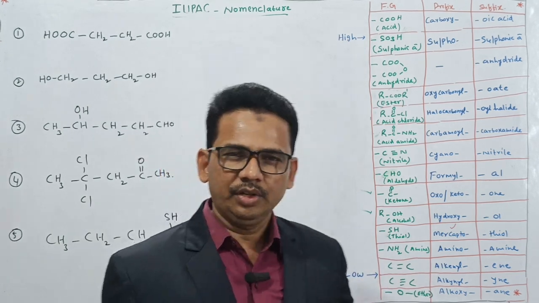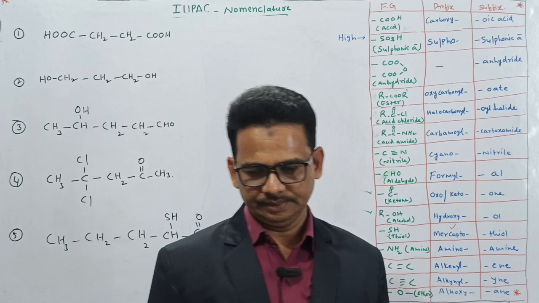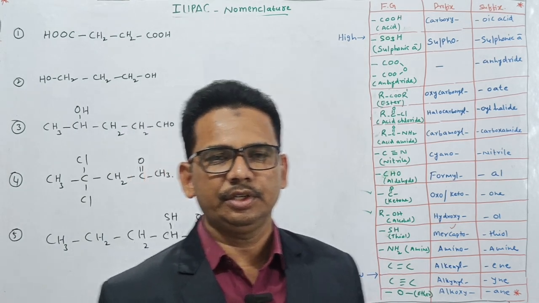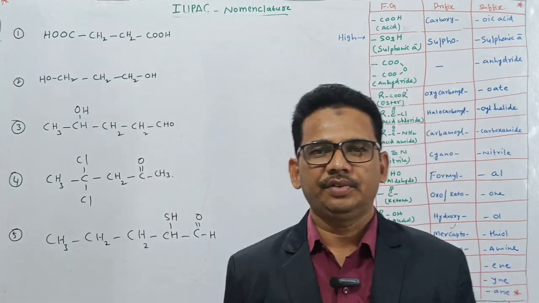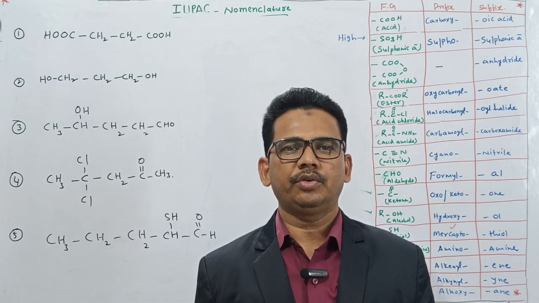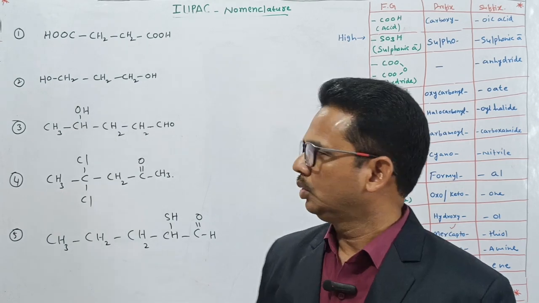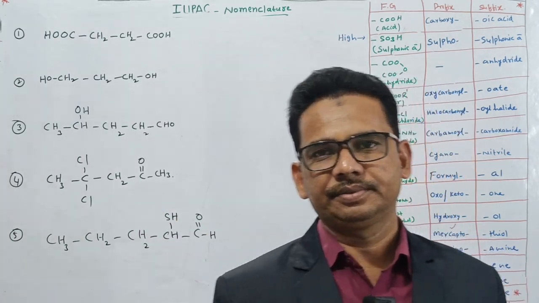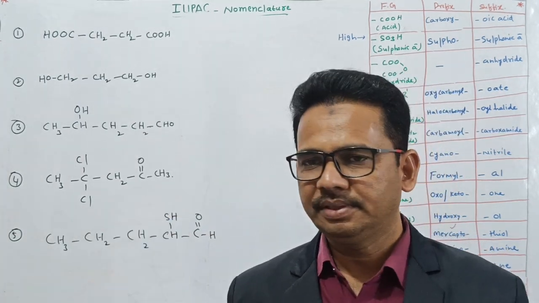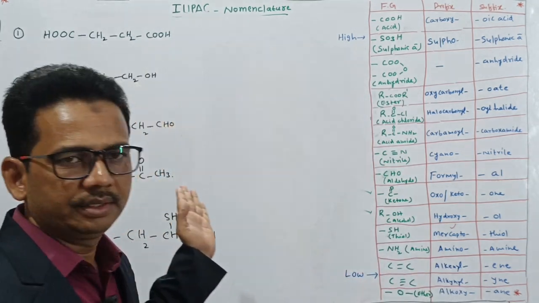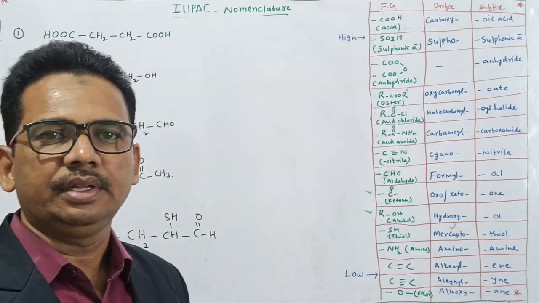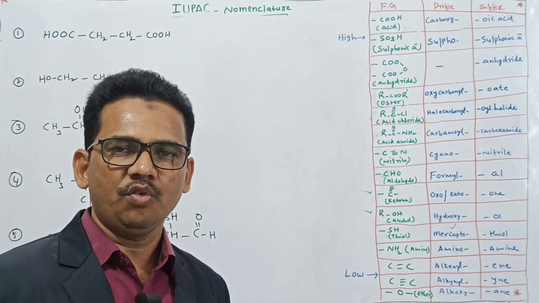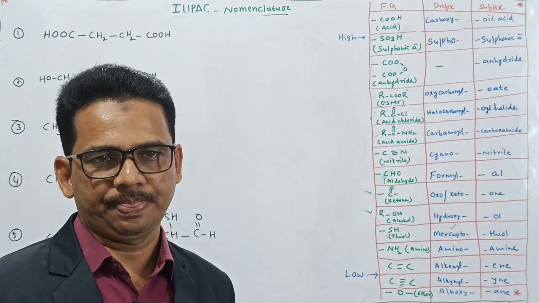Last time I gave the IUPAC nomenclature for the different compounds, how we are going to write the name. Today also I wrote a few different examples here, and for those examples we will see how to give the name.